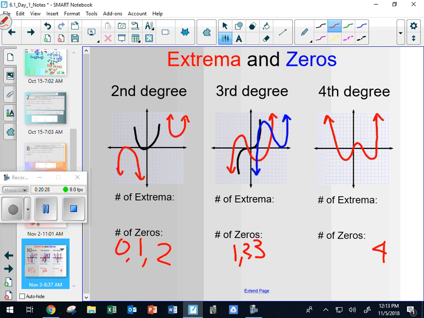That makes sense. All right, what if I moved this so that it looked like this instead? Then how many zeros does it have? Right? Do you think we can get 1, 2, and 3 as well? Maybe, right?